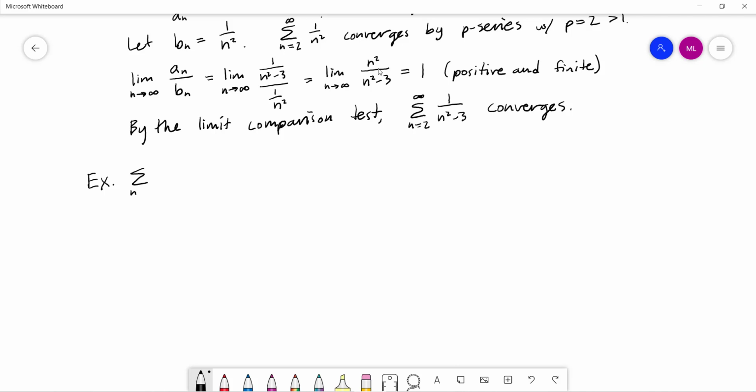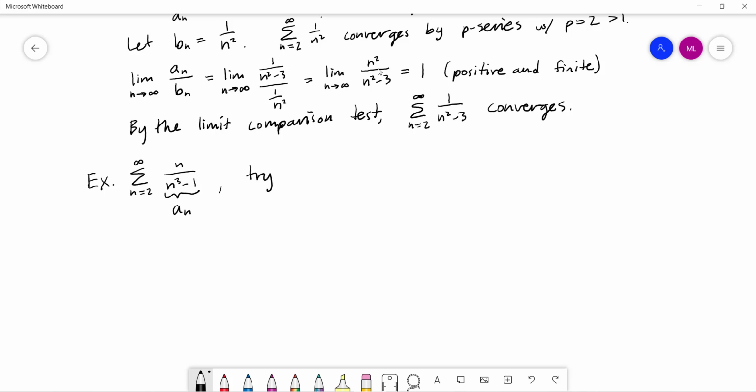Let's do the sum from, again, n equals 2 to infinity of n over n cubed minus 1. And let's see what we should compare that one to. So if this is my a sub n, what should our b sub n be?